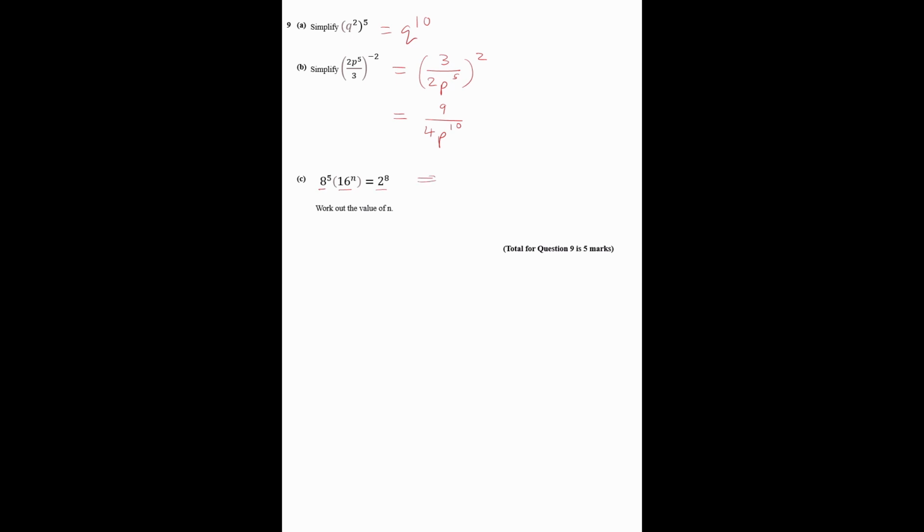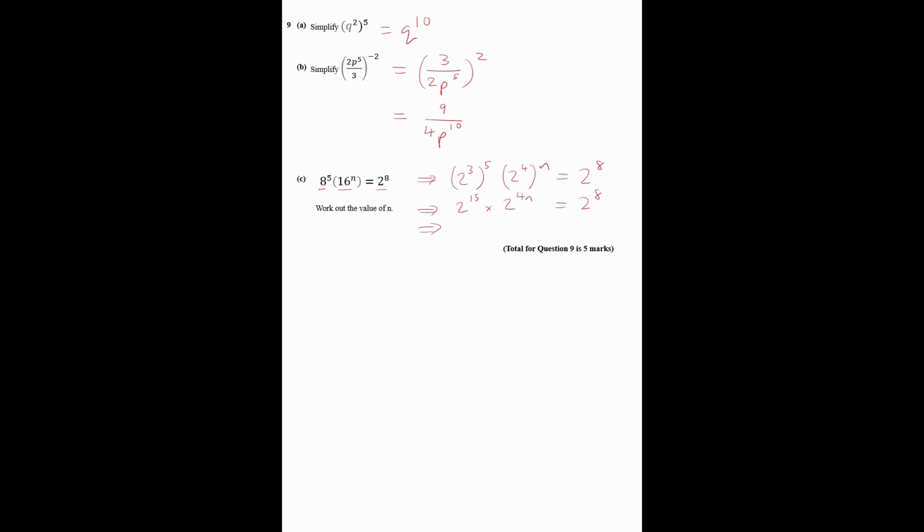So this equation can be rewritten as 8, which is 2 cubed, to the power 5, times 16, which is 2 to the power 4, to the power n, which equals 2 to the power 8. Then, using the power law, this becomes 2 to the power 15 times 2 to the power 4n, which equals 2 to the power 8.